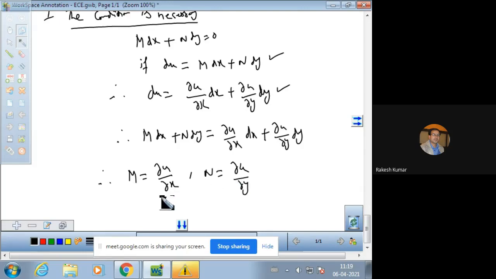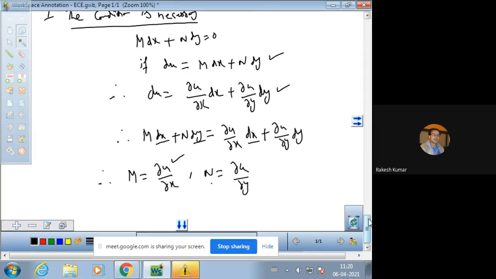On equating the coefficients of dx, because the coefficient of dx is m here and the coefficient of dx is del u by del x. Similarly, the coefficient of dy is n and the coefficient of dy is del u by del y.